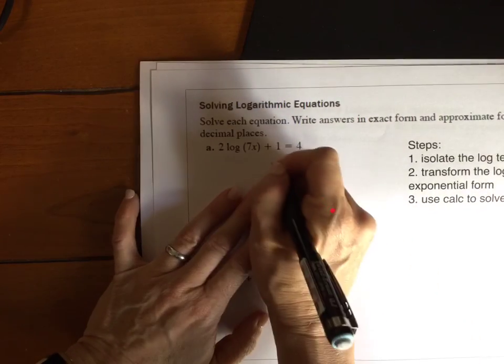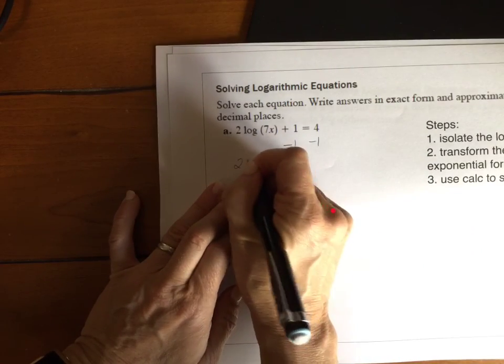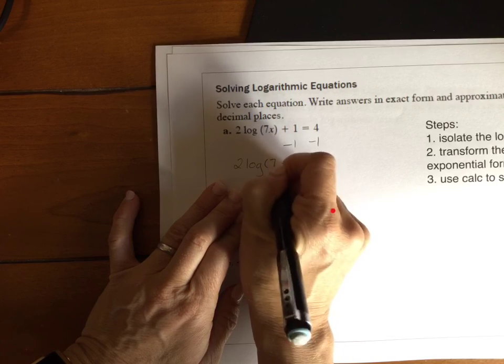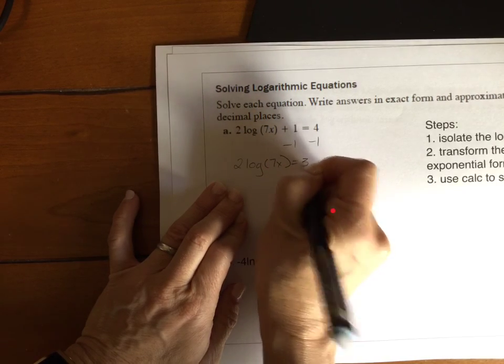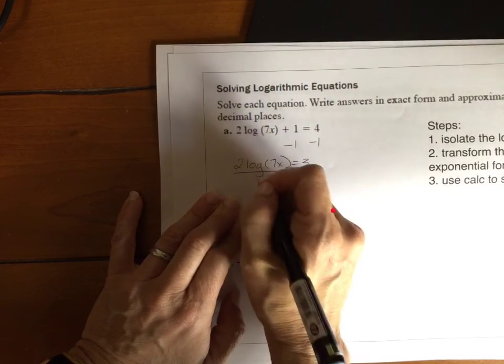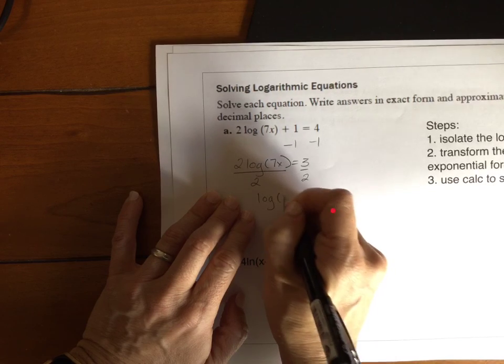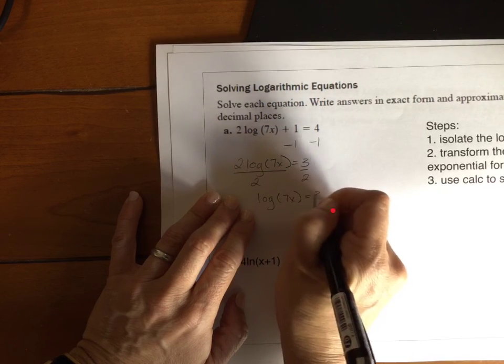So here we subtract 1 from both sides. We get 2 log of 7x equals 3. Now we need to get rid of that 2, so we're going to divide both sides by 2. I get log of 7x equals 3/2.